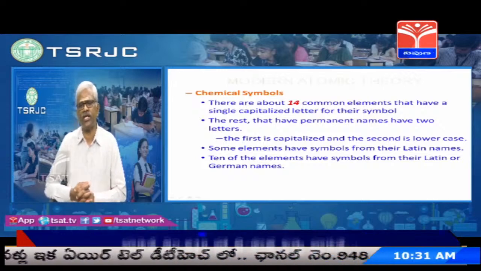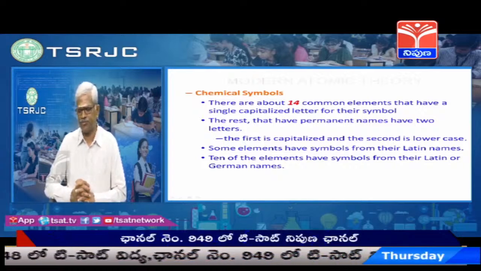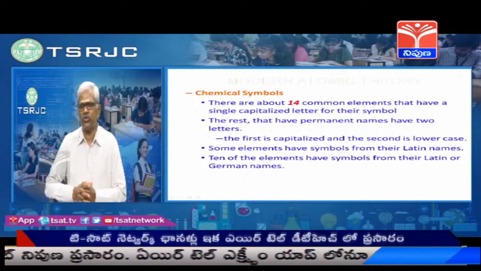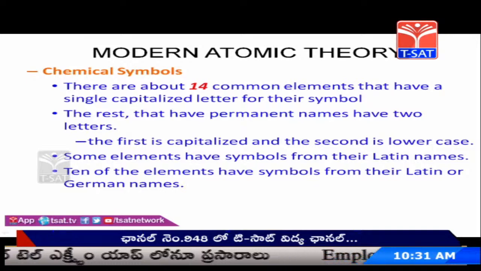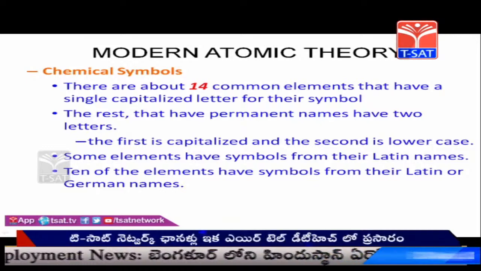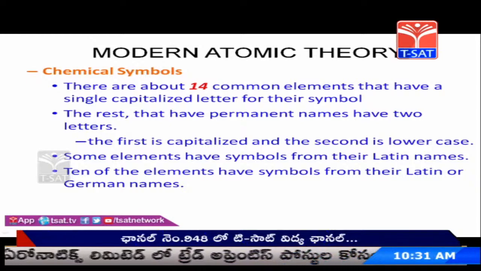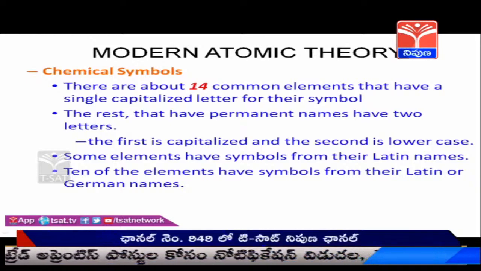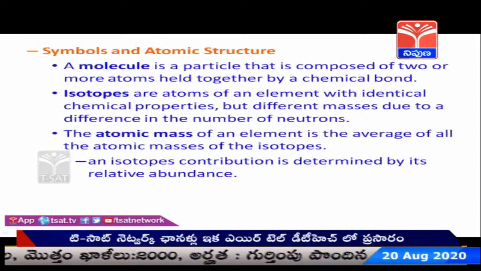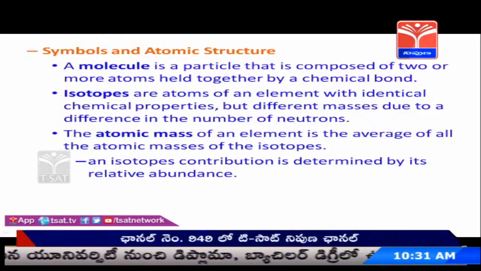So, sulfur is symbolized with the letter S, and we cannot give the same alphabet S to sodium. So, they searched for an alternate way. Like that, they took Latin names. Ten of the elements have symbols from their Latin or German names. Nowadays, symbols are given after the names of prominent scientists and places.